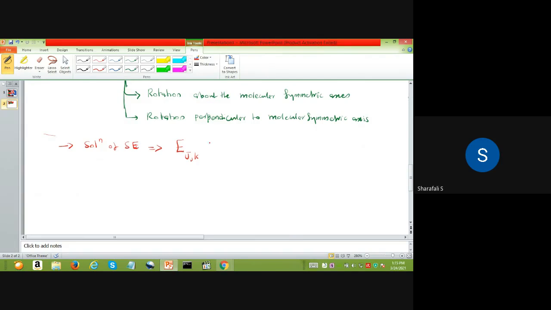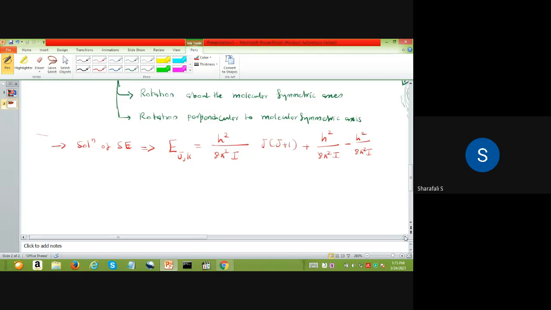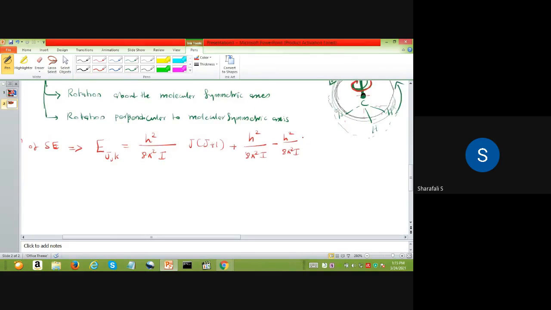That will be equal to h square by 8 pi square I, j into j plus 1, plus h square by 8 pi square I minus h square by 8 pi square I, this times k square, this much of joules.